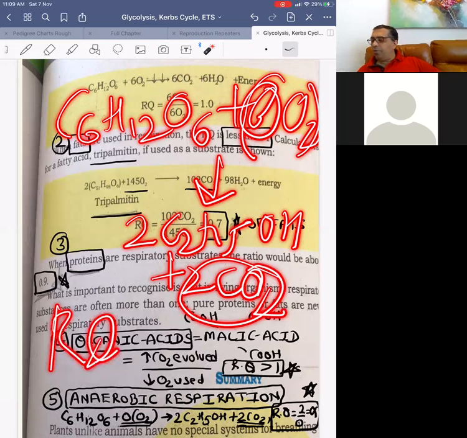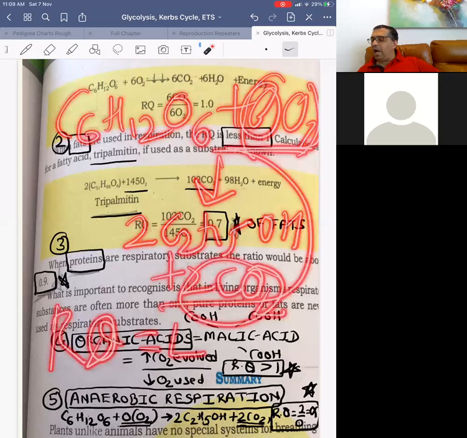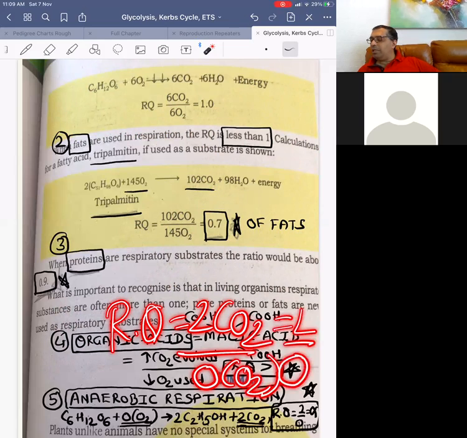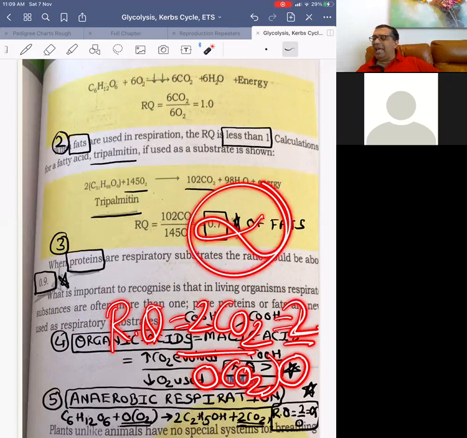How much is the amount of CO2 evolved? 2 CO2. Oxygen use कितना हुआ? 0. So how much will be RQ? RQ will be 2 CO2 upon 0 O2, which means 2 upon 0. Anything upon 0 is infinity.